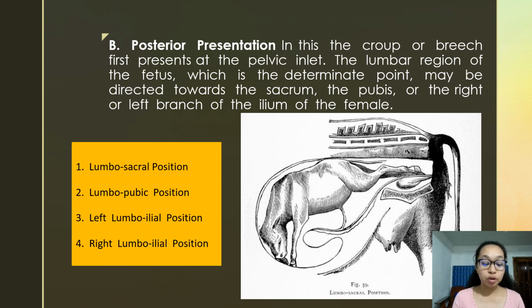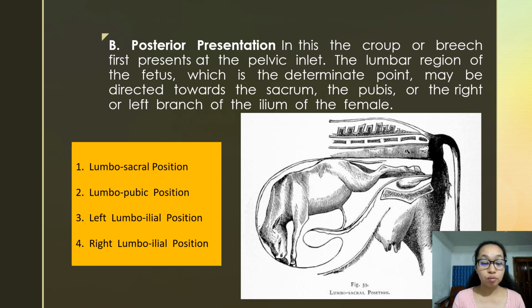Ang lumbopubic position naman, some of the practitioners designate this as the reverse position. In here, the fetus is lying on the back, its croup and loins corresponding to the pubis of the mother, while the limbs are toward the sacrum against which they are more or less pressed.